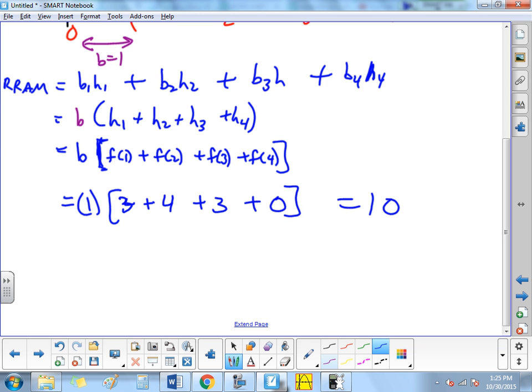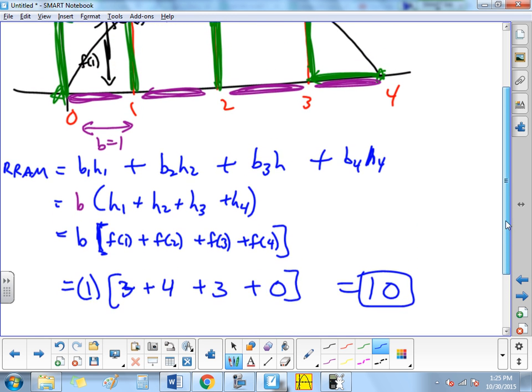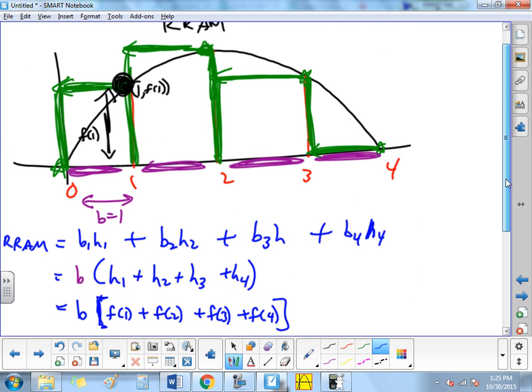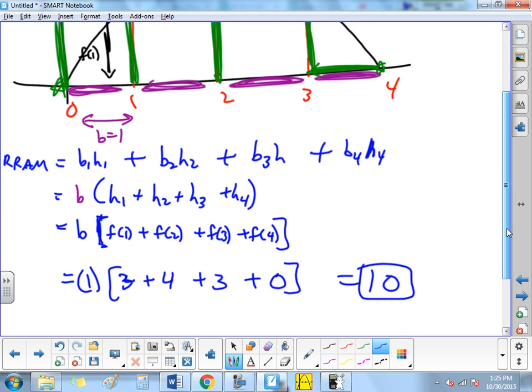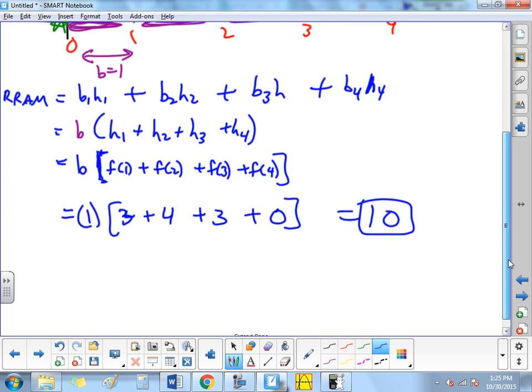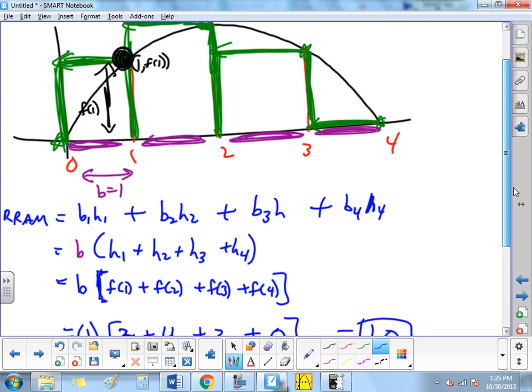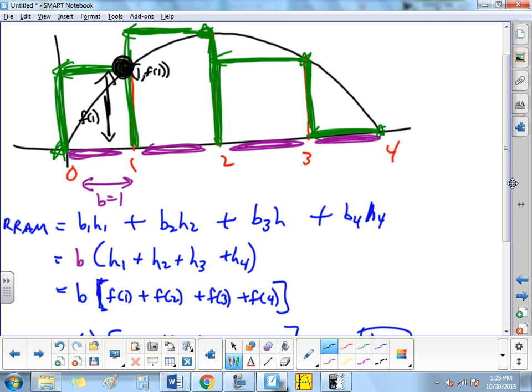Final answer, 10. Okay, so you can kind of tell from the symmetry alone that this would give you the exact same 4 rectangles, just shifted over. So we call this our RAM because the top rightmost point of each rectangle is physically connected to the curve.